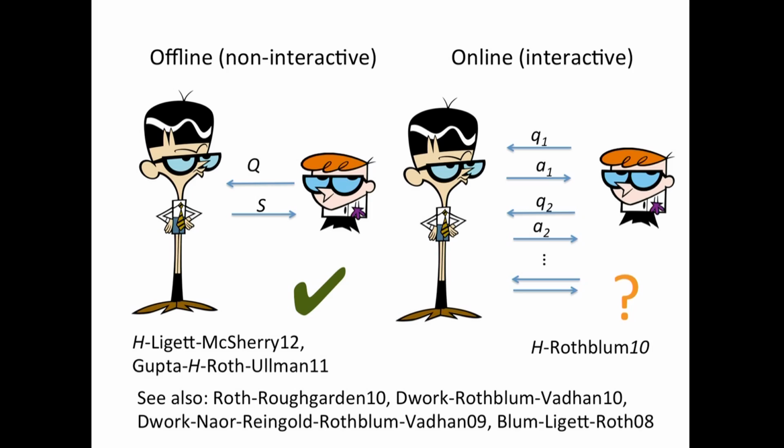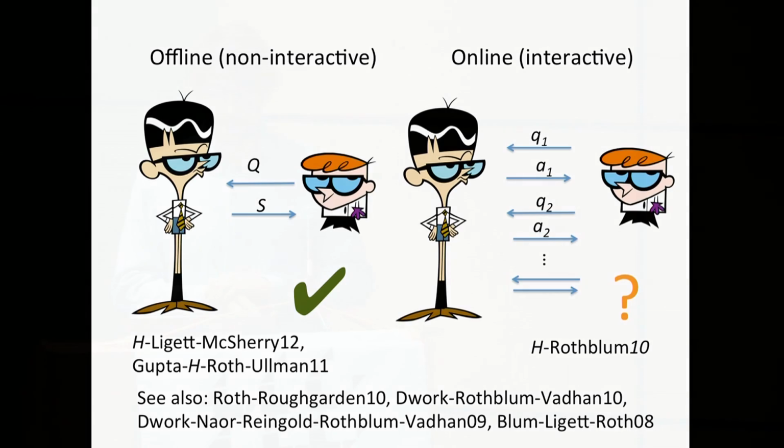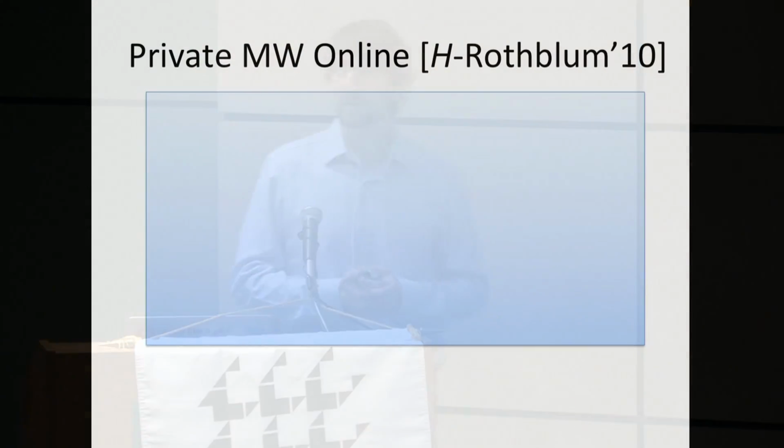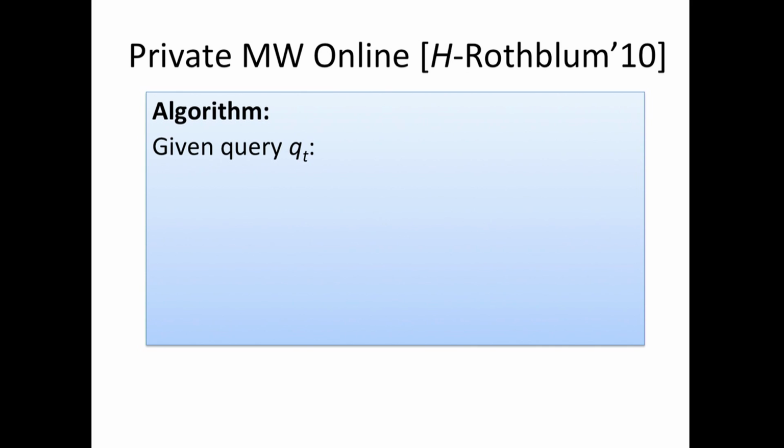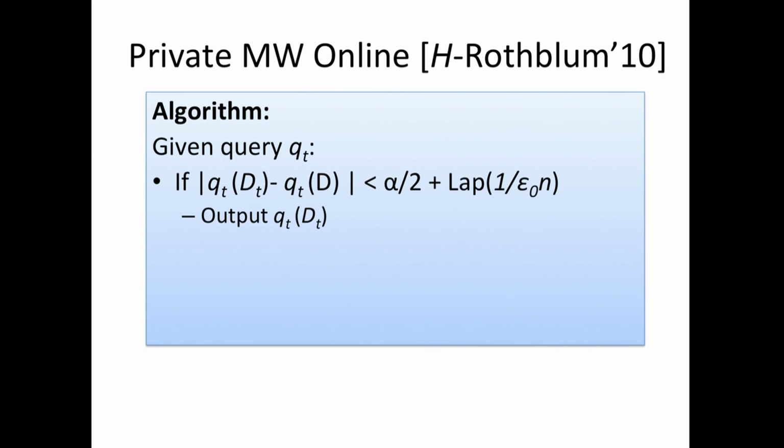So let me talk about the private multiplicative weights algorithm in the online setting, and it's really the most natural extension of the offline algorithm that you could think of. Here's the algorithm. It's again extremely simple. You're given a query Q sub t. So what do you do with it? You check how well it does on your current data set.